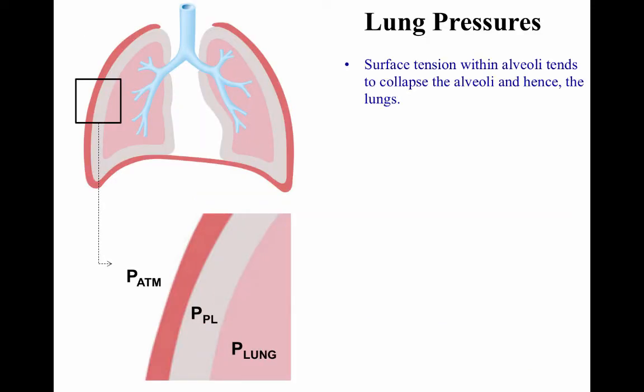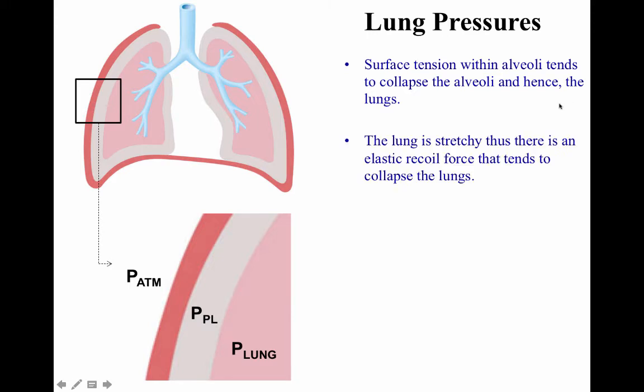Surface tension within alveoli tends to collapse the alveoli, and if we collapse the alveoli, we collapse the lungs. So the lung is stretchy, and that means that there's an elastic recoil force that tends to collapse the lungs just by their nature.